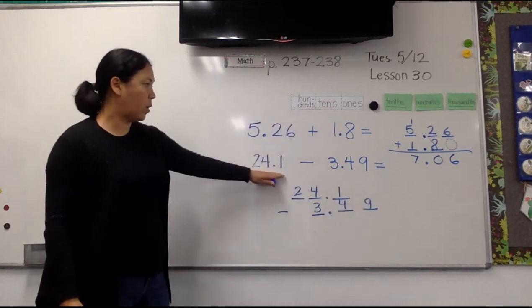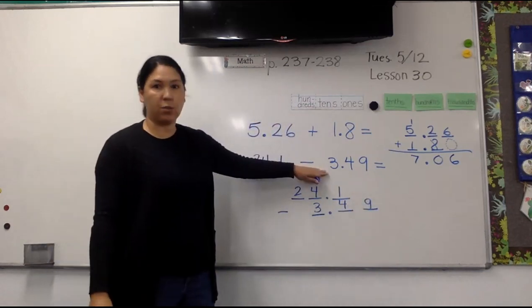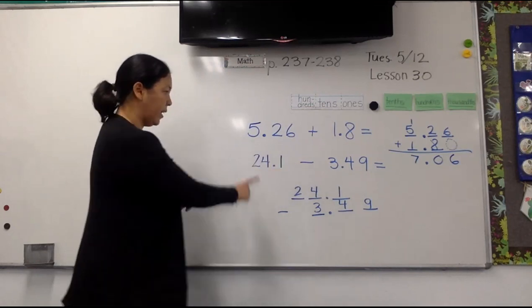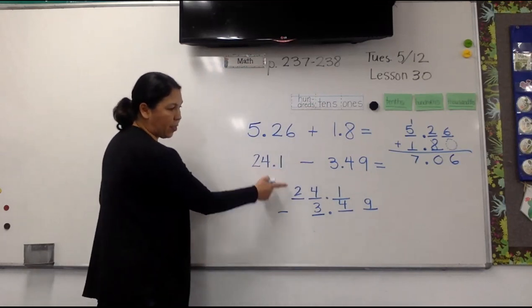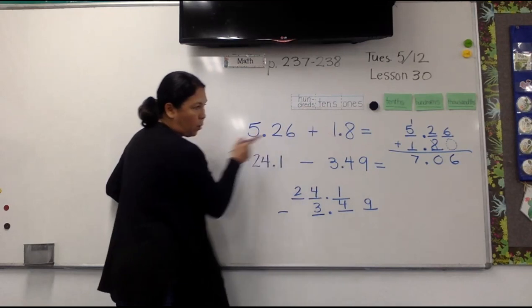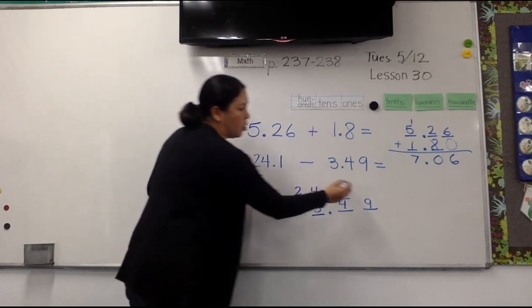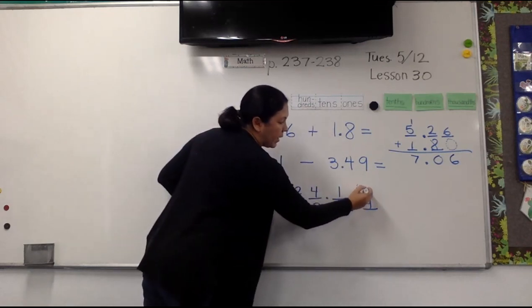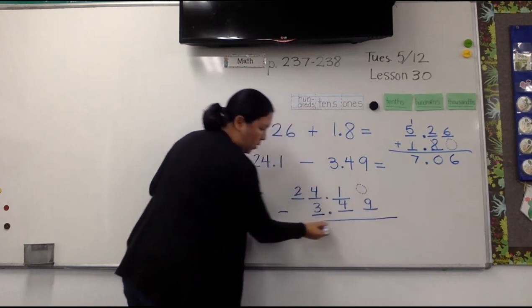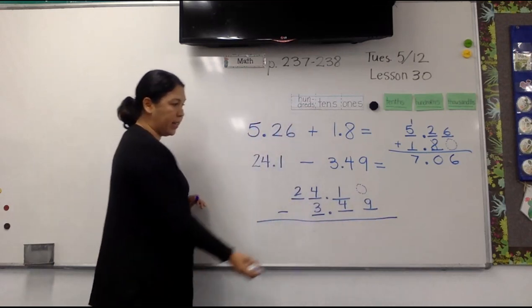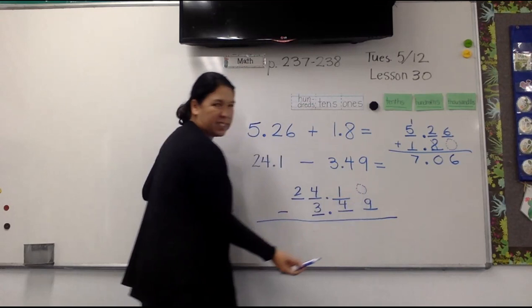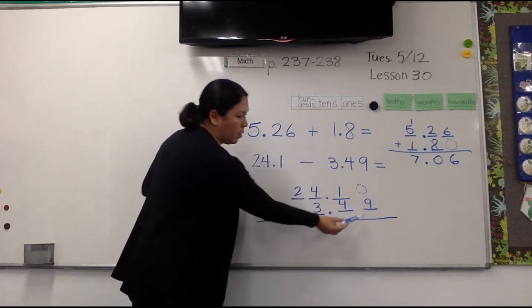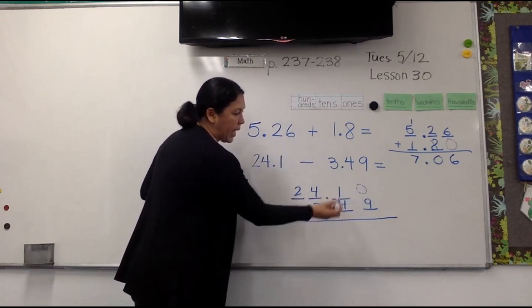It's not 241 minus 349, right? It's 24 and 1 tenth minus 3 and 49 hundredths. So here I'm definitely going to have to draw an extra 0 to help me when I'm subtracting. Because can I take 9 from just a space? No. What's 9 from 0? I can't do it, right?